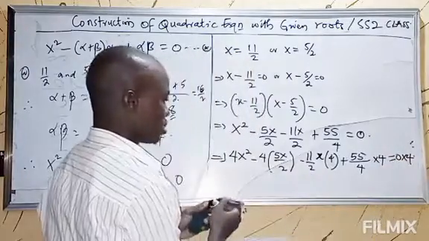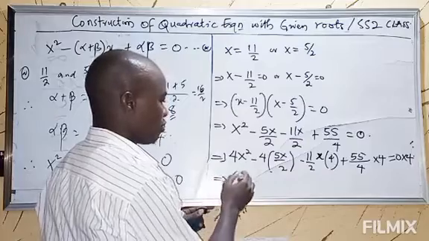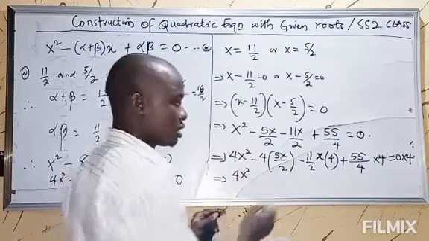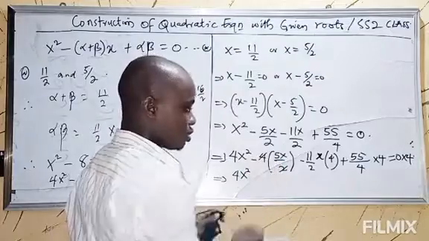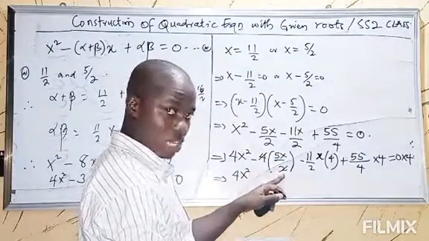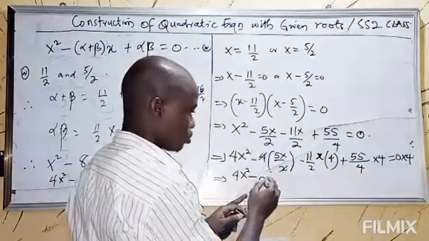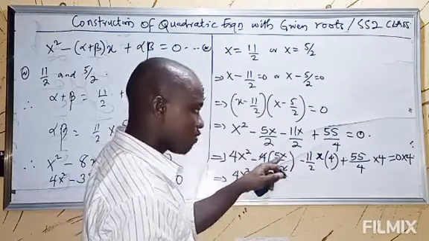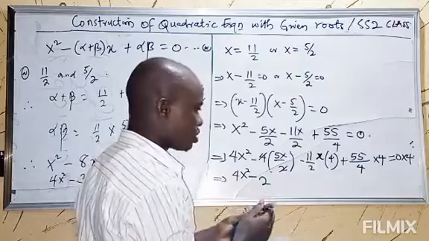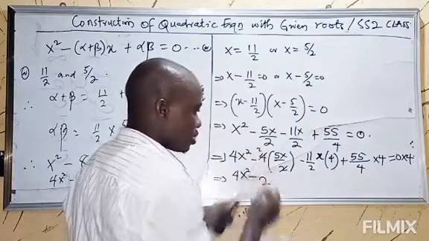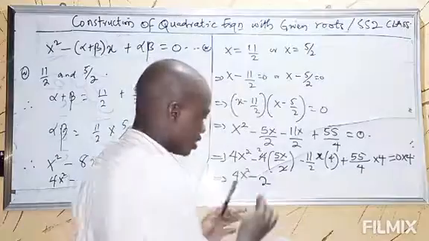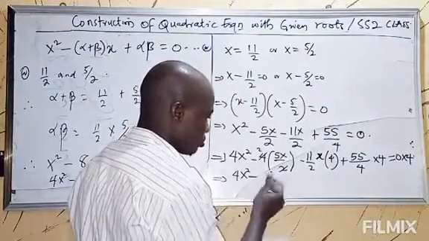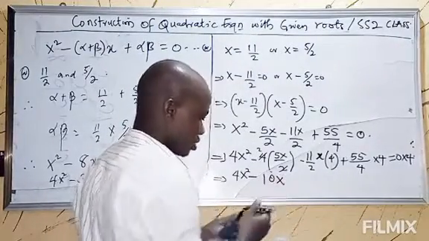So from there, what's the next thing to do? You can see that we have 4x squared. This one we cancel this one, that is 2 here 1, 2 here 2, minus 2 times 5x here. So what do we have? 2 times 5, we have 10x.